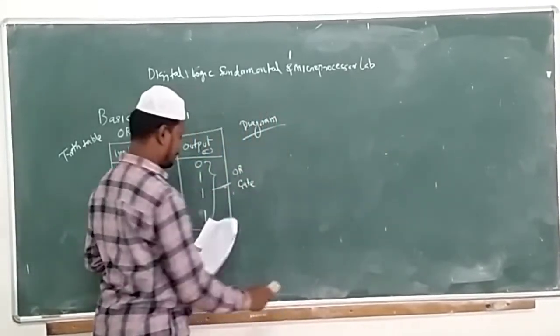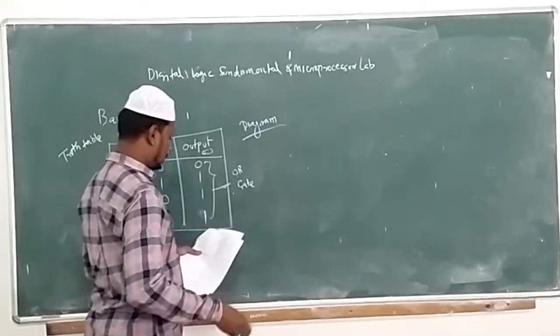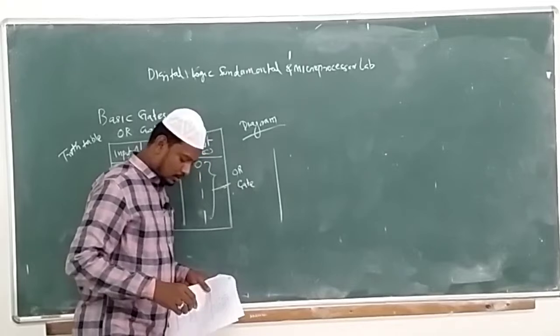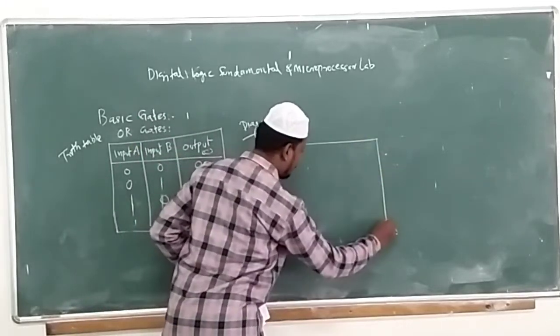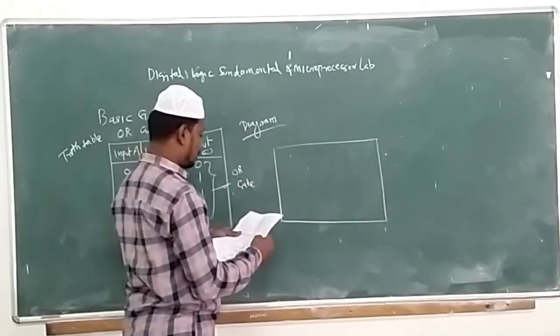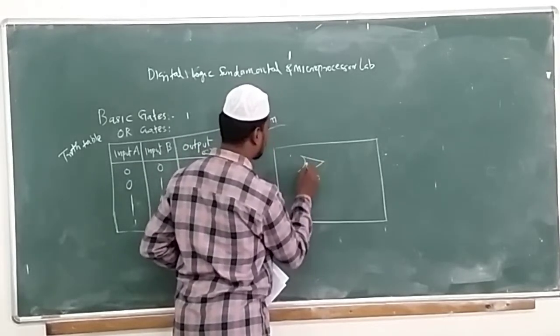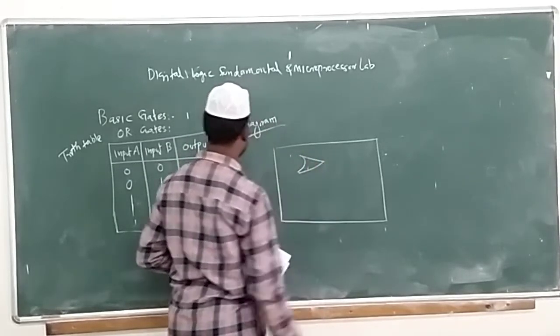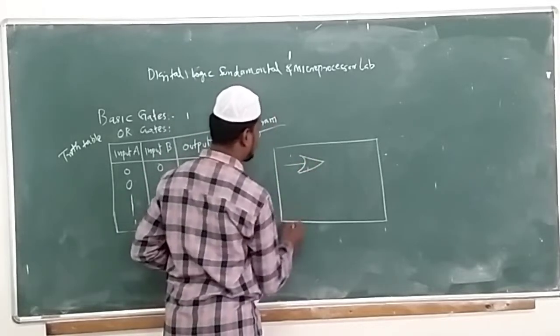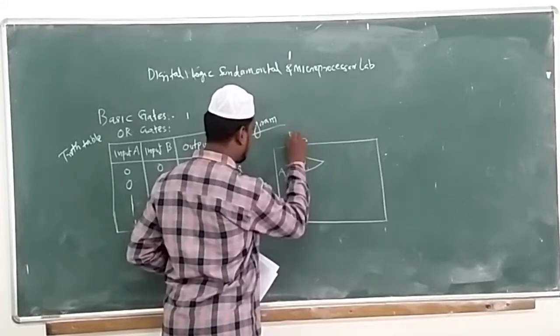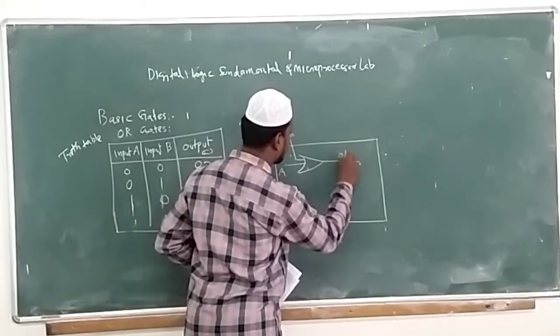OR gate. Okay. So, this is the OR gate. For example, you can enter the A value, then the B value, and it displays the output.